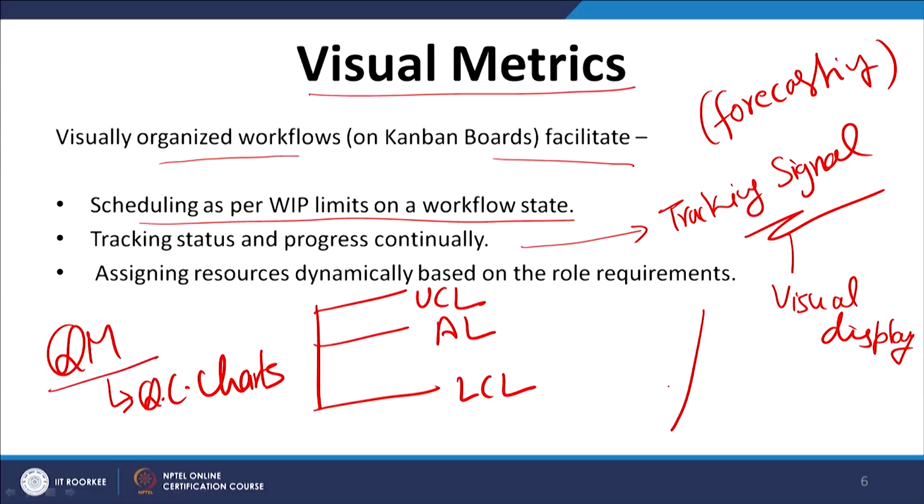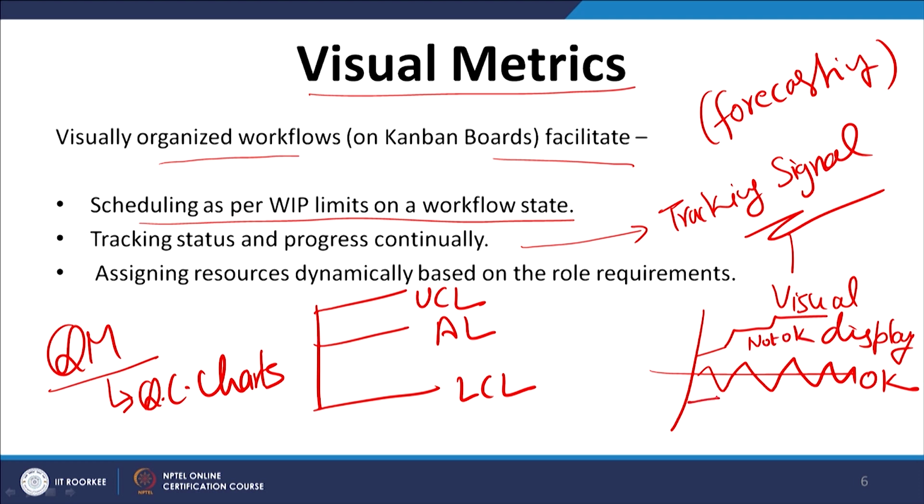Like I am just plotting a tracking signal. If it is moving this way, you say okay, this is the appropriate tracking signal. But if the tracking signal is moving this way, you say not okay.